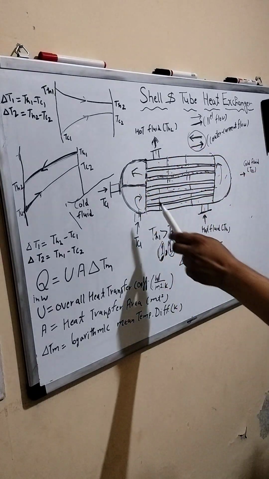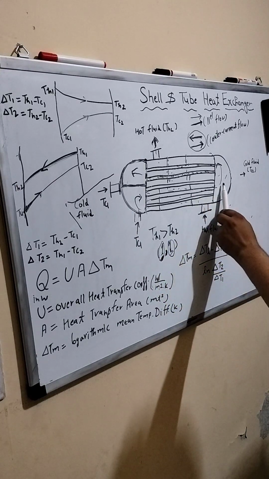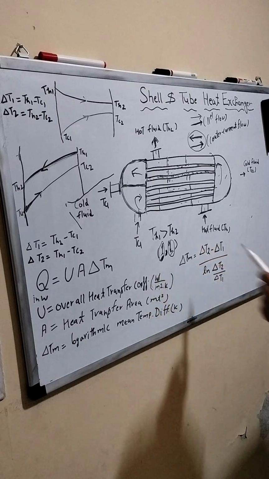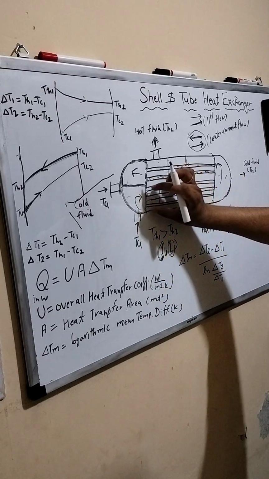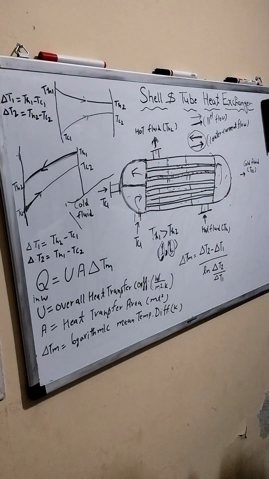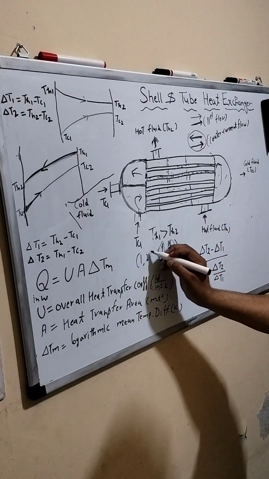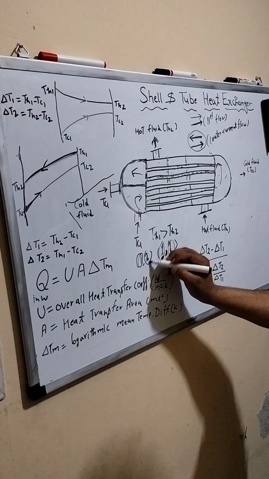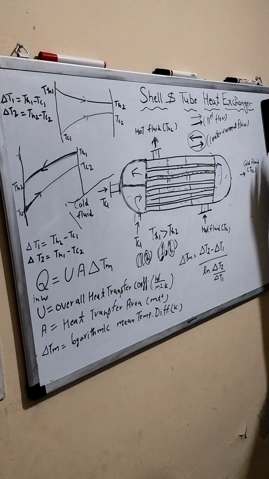The liquid moves through one pass and then through this pass, so you can say the tube side has two passes. One pass moves towards this side and now the other side. So this is a diagram of a 1-2 heat exchanger: one is the shell side pass and two is the tube side pass.